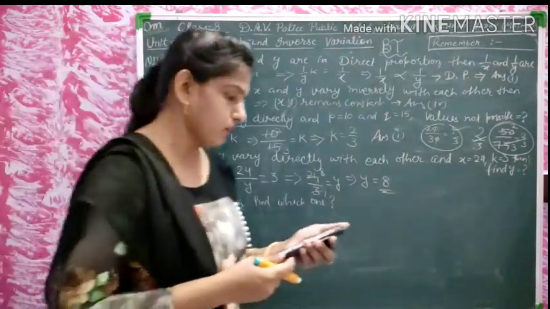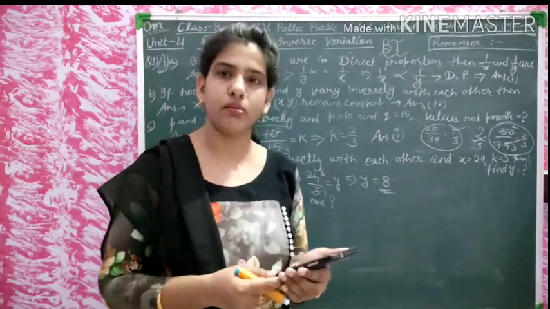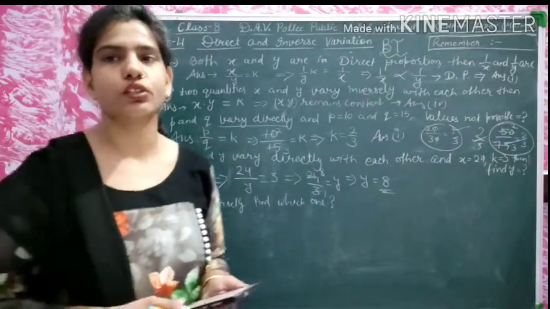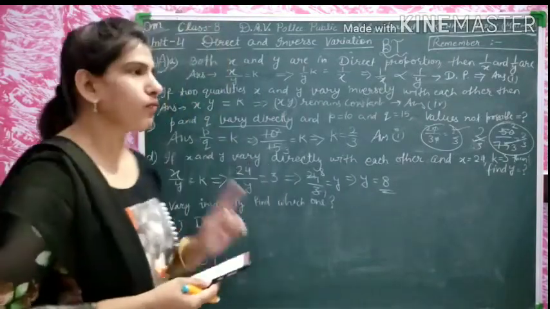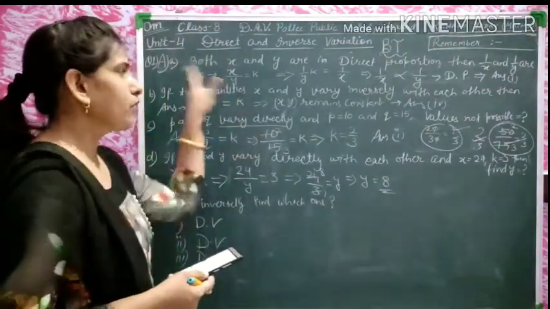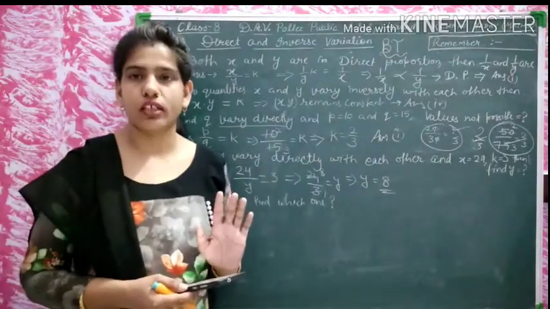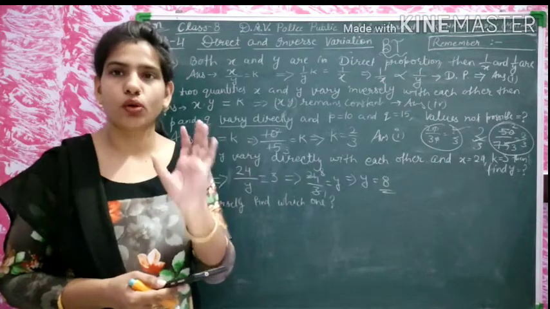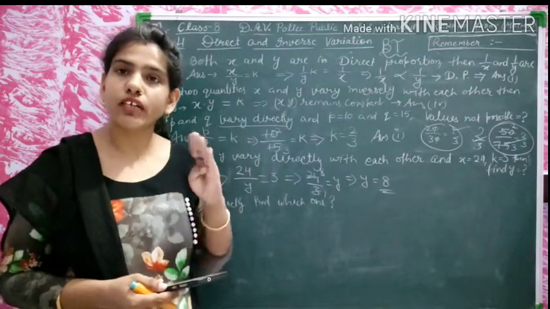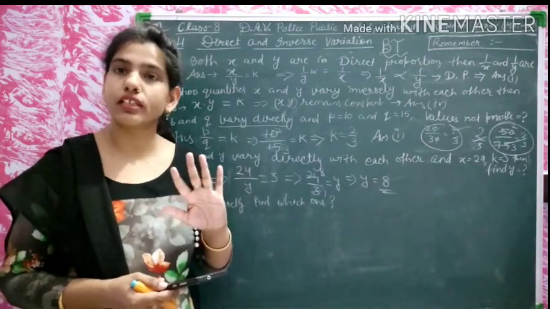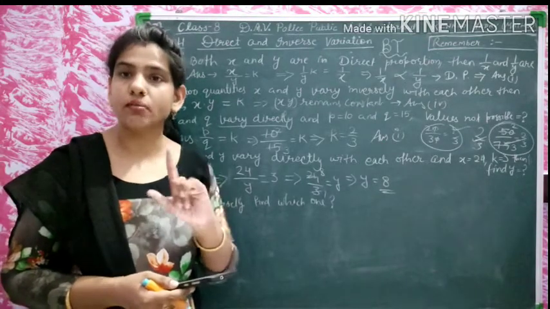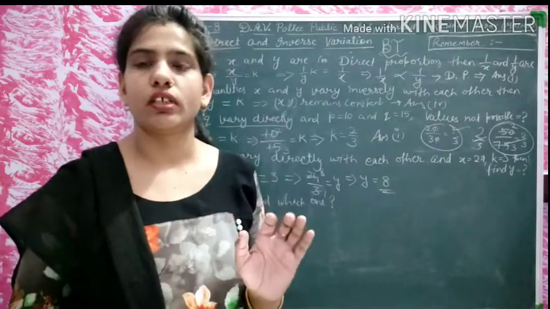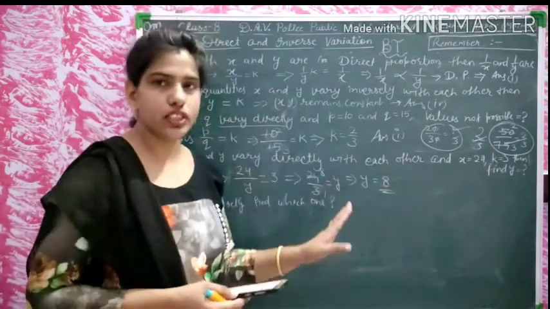Now we have to do the number of workers and time taken to finish a job. One worker has to do this work, and one worker takes more time. And if there are 5 workers, they will take less time. This is a job here.